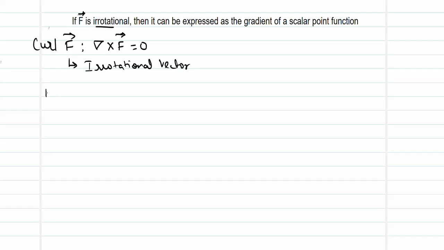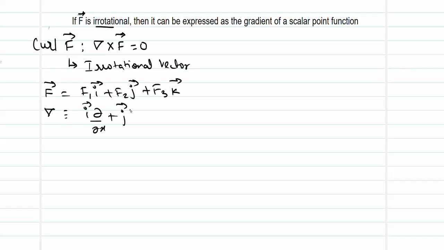Let this f vector be of the format f1 times i plus f2 times j plus f3 times k. Now what do we mean by del cross product with f? We know that the vector differential operator del is defined as i dou by dou x plus j dou by dou y plus k dou by dou z.